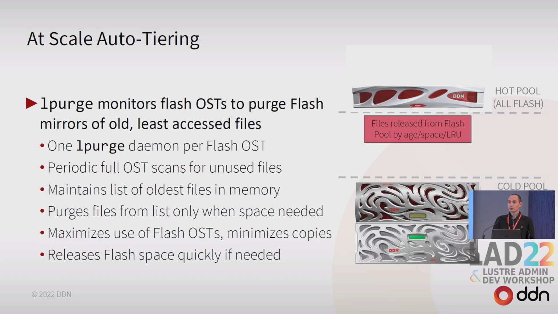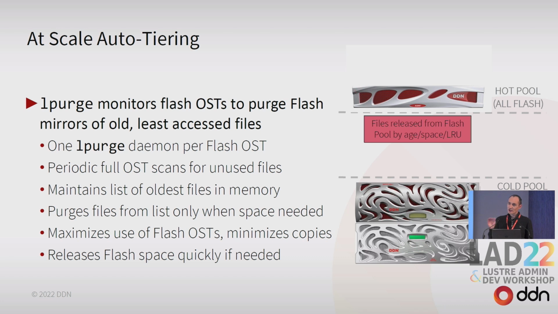The other tool on which hot pulse relies is called LPurge, and its role is to monitor flash OSTs to purge old files. There is one lpurge instance per flash OST. It periodically scans your OST flash devices for unused files.